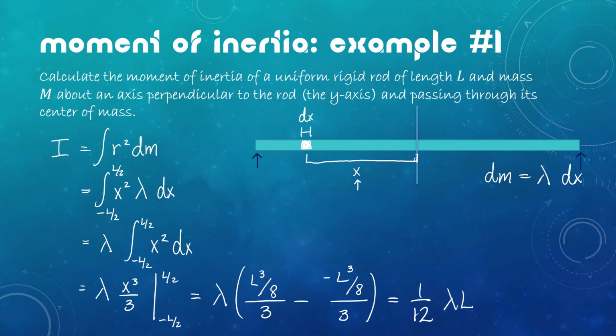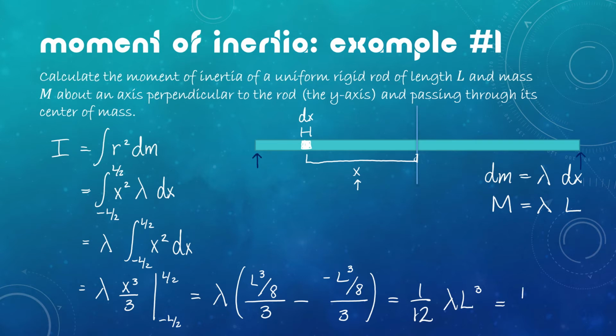lambda L cubed. Now, we said that our final expression had to have L and M in it. Lambda was not something we were allowed to keep in there. So we'll need to sub in for lambda. Because lambda is constant, I can also say that the total mass is equal to lambda times the total length.